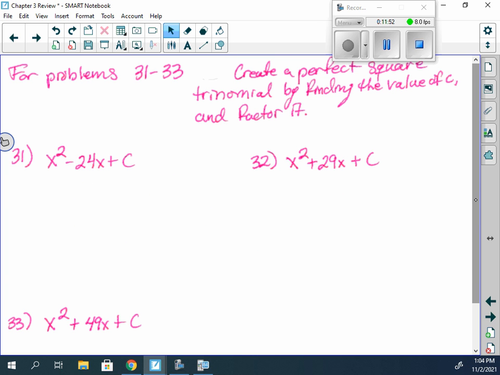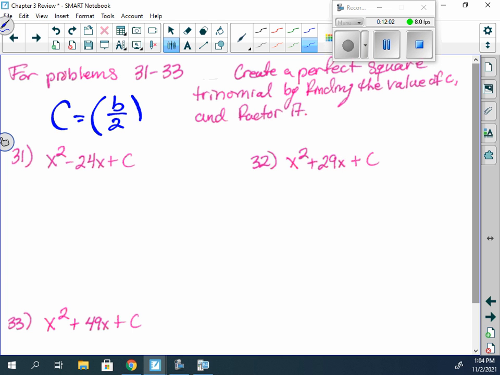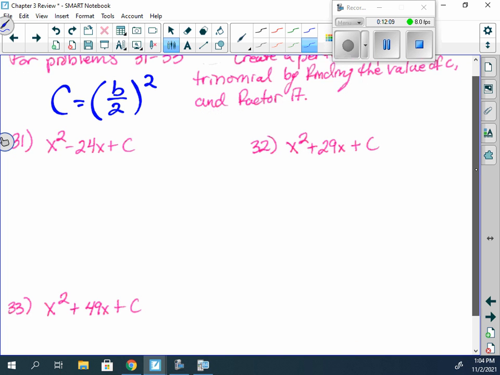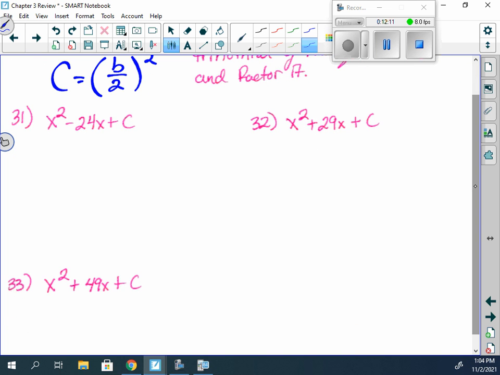Okay, that brings us to finding the value of c. Well, c is equal to what? b over 2, squared. So for like 31, we can say c is equal to, well, the value of b here is negative 24.